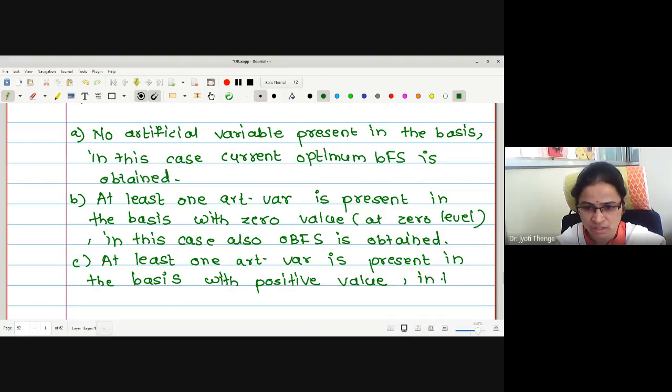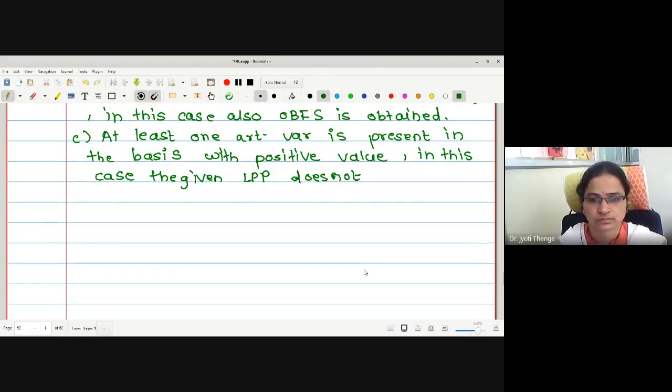In this case, the given LPT does not possess an optimum basic feasible solution.